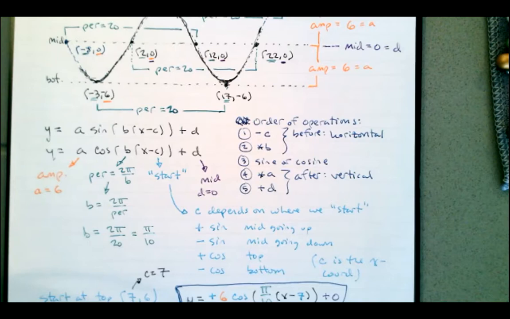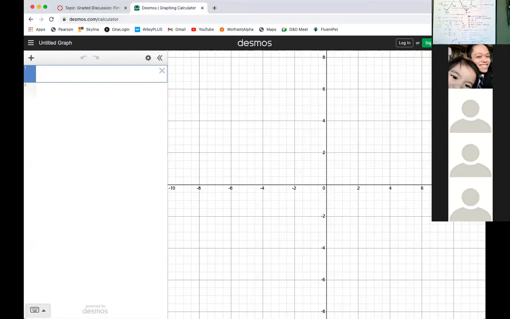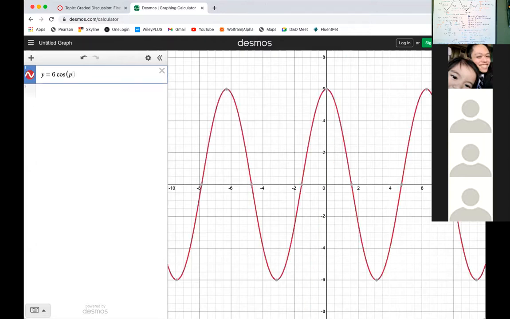All of these equations will give you the same graph. So if we go to our graphing calculator, and we put in y, and we put in the equation y equals 6 cosine of pi over 10 times x minus 7 plus 0.